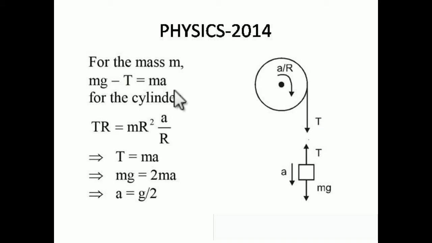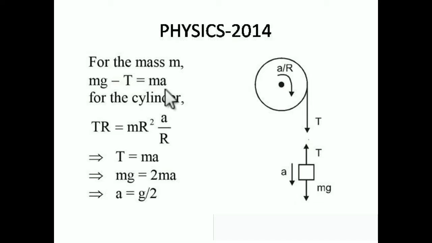The downward force is mg, the upward force is T, so they are in opposite directions. Suppose this force is 10 and this force is 5, then the resulting force is 5, in the downward direction, and that's equal to mass into acceleration. By use of this 5 force, the mass is going downward. Our first equation is mg minus T is equal to ma.